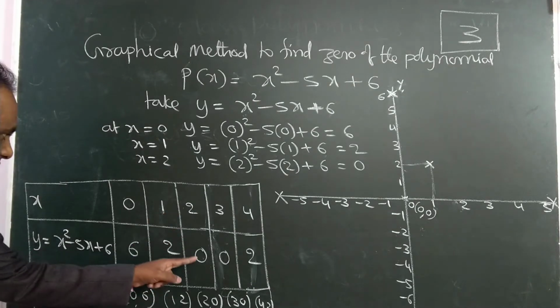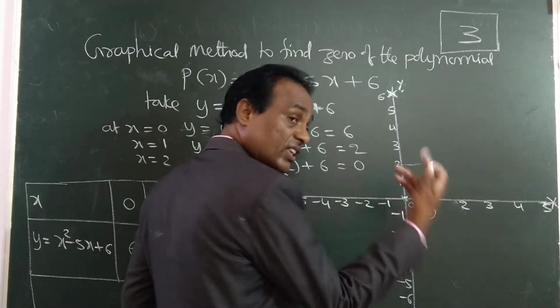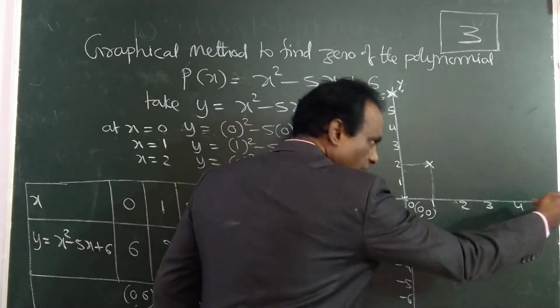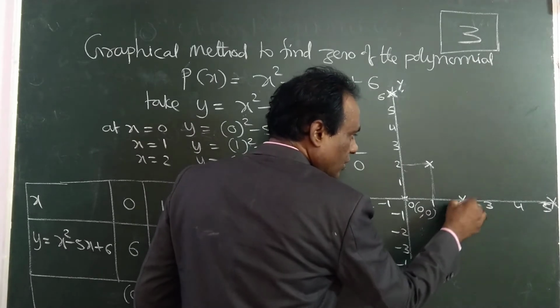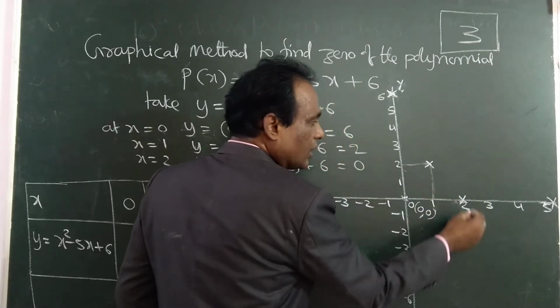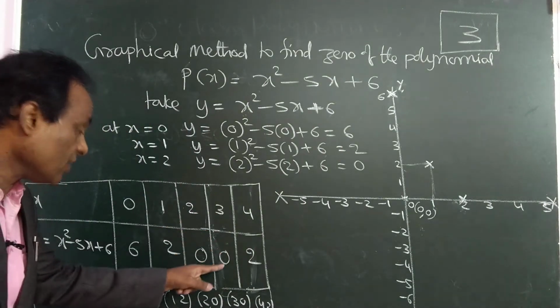X value 2, y value 0. Y 0 means only on the x-axis. So if y is 0, it is on the x-axis. X value 2, y value is 0 only. That means here only. X value 3, y value 0.